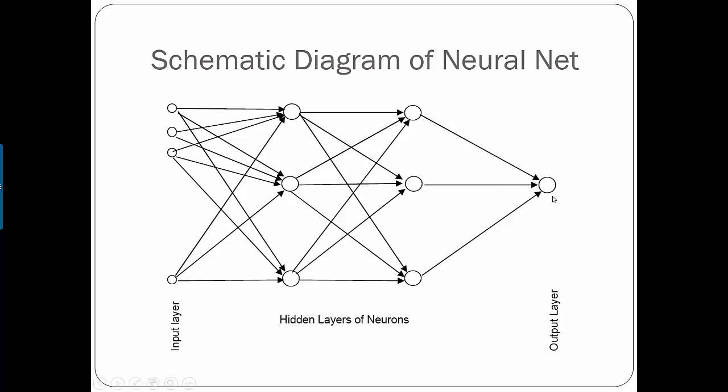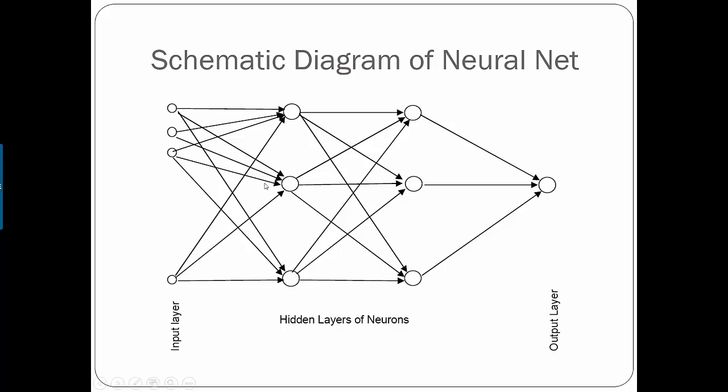At the far end, if you have an interval target, we have just one node. If it is a class target, you will have one node for each class. So in the case of a binary target, you will have two nodes, one for the event target equal to 1 and one for the non-event target equal to 0.